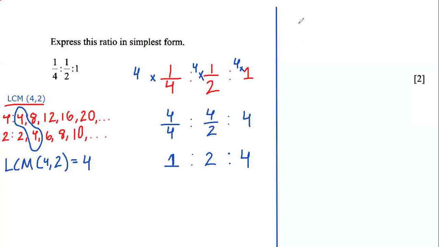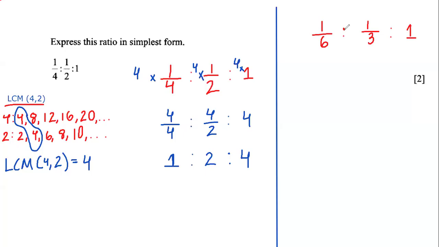So let's say we have 1 over 6 to 1 over 3 to 1. I think y'all got to handle this. So we have 1 over 6 to 1 over 3 to 1.